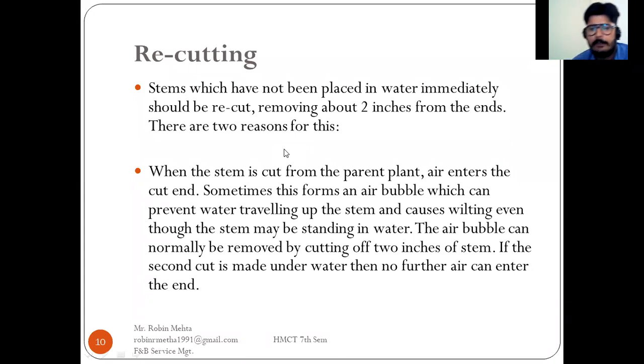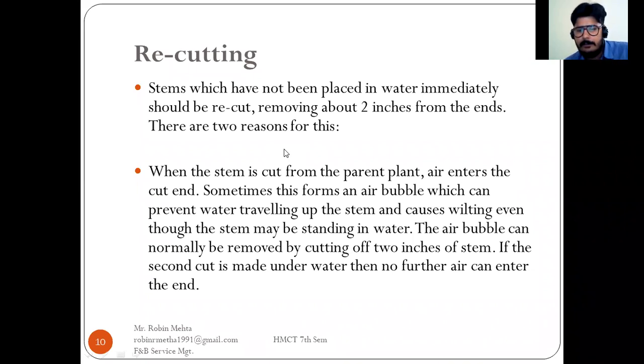When we cut the plant from the garden area and put it into a bucket already filled with water, it sucks the water, but at this stage it may create an air bubble. Some plants may create the air bubble where they get cut, so they can't suck the water properly and cause withering, even though the stem may be standing in water.